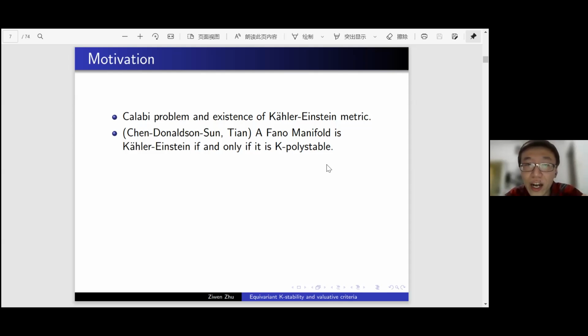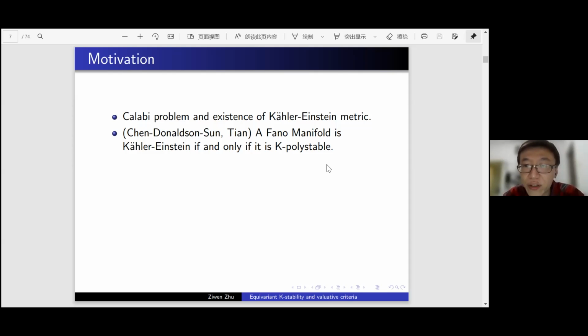Tian first proposed some notion of K-stability, and then Donaldson reformulated it as a purely algebraic condition, and he called it K-stability.